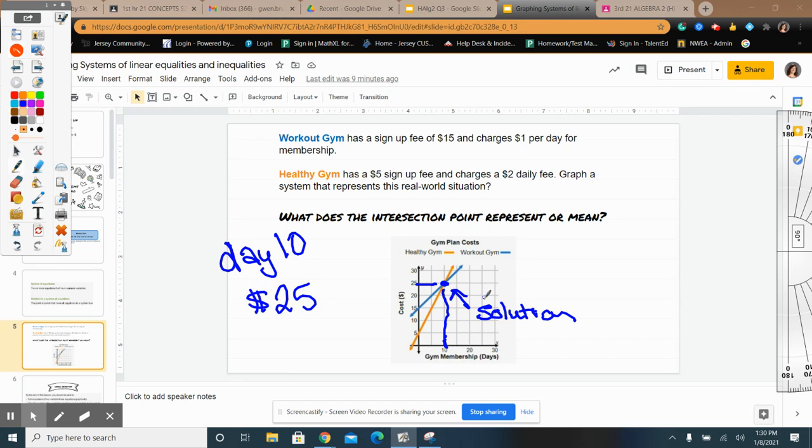That would be the cost for 10 days, not on day 10. For a 10-day membership, it would cost $25. That's the only time that they would have the same cost based on membership days. Every other time they will be different.